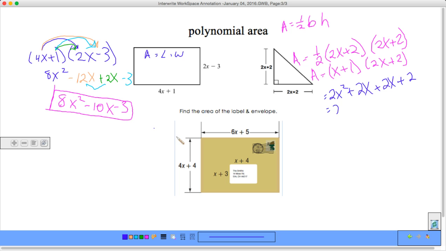Okay, let's see if we can fix this. There we go. We get 2x squared, combining like terms here. 2x plus 2x gives me 4x. And then bring down the plus 2. And there's my final area.